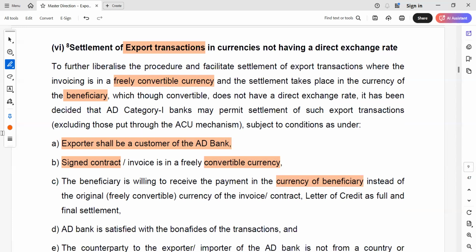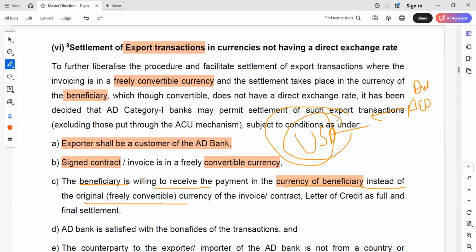Suppose somebody has raised the invoice in USD, but suppose he is making the export to Dubai. Okay, but in Dubai they are making the payment in AED. So in that case, you have raised the invoice in USD, but payment is coming in AED. So that is permissible, but that beneficiary should be willing to receive the payment in the currency of the beneficiary instead of the original.